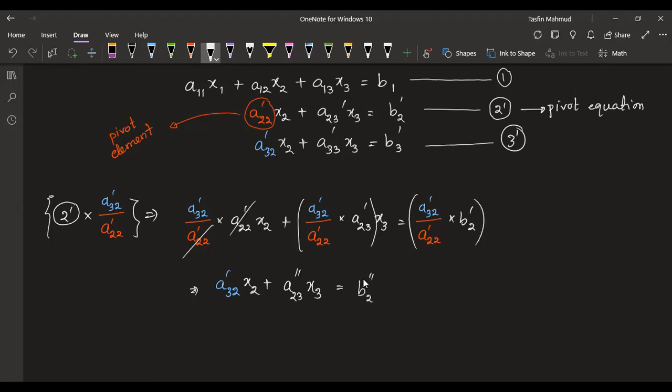We can name this equation as 2 double prime.